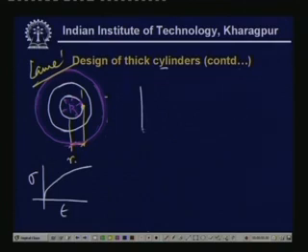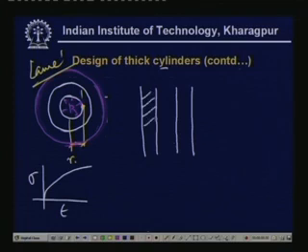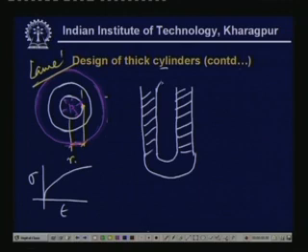So this is the cylinder, now this is a thick cylinder, and we have a cap out there. So this is a cap and a cylinder.